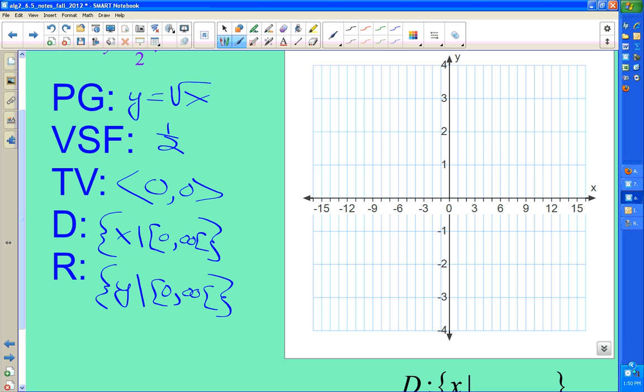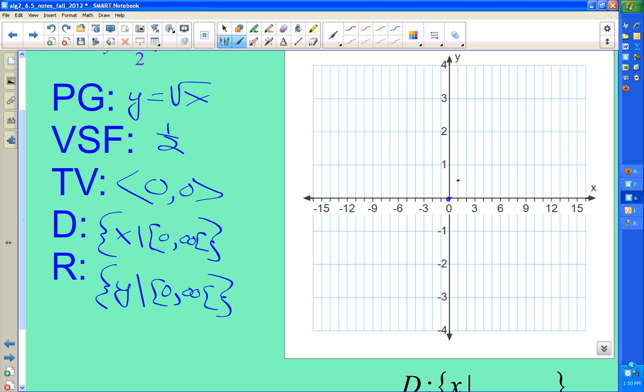Starting at the origin, how do I get to my first point? Right 1, up 1 in the parent graph. What are we going to do? Right 1, up 1/2. In the parent graph, we usually go right 4, up 2.